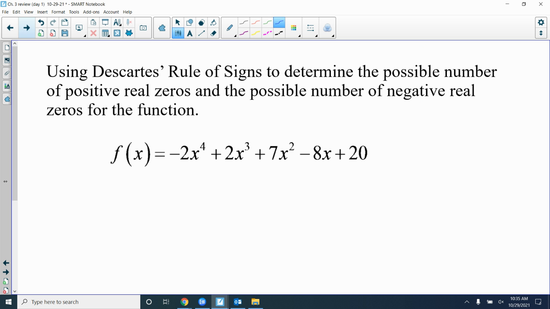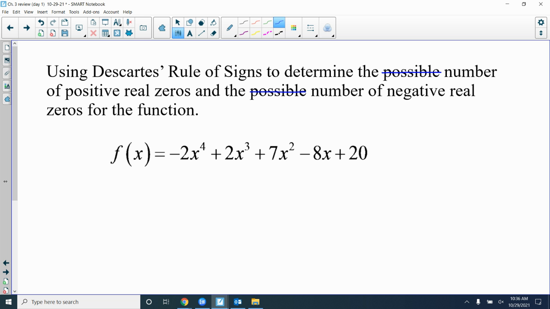All right. Descartes' rule of signs. We want to use that to determine the number of positive real zeros and the number of negative real zeros. Remember what we're looking for with positive?